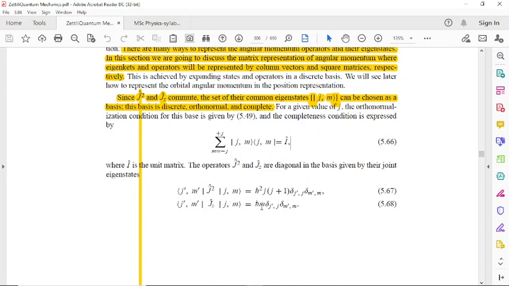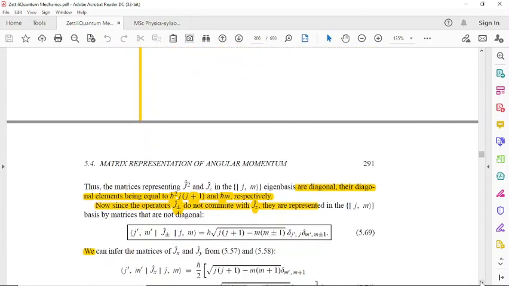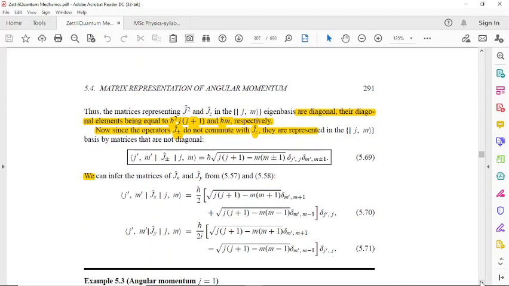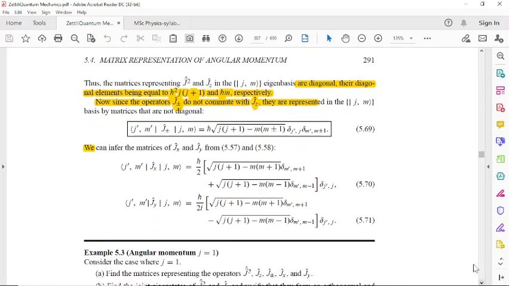This is the eigenvalue, h cross m delta j'j delta m'm. Thus the matrices representing j square and jz in the set of basis jm eigenbases are diagonal. The diagonal elements being equal to h cross square j into j plus 1 and h cross m respectively.